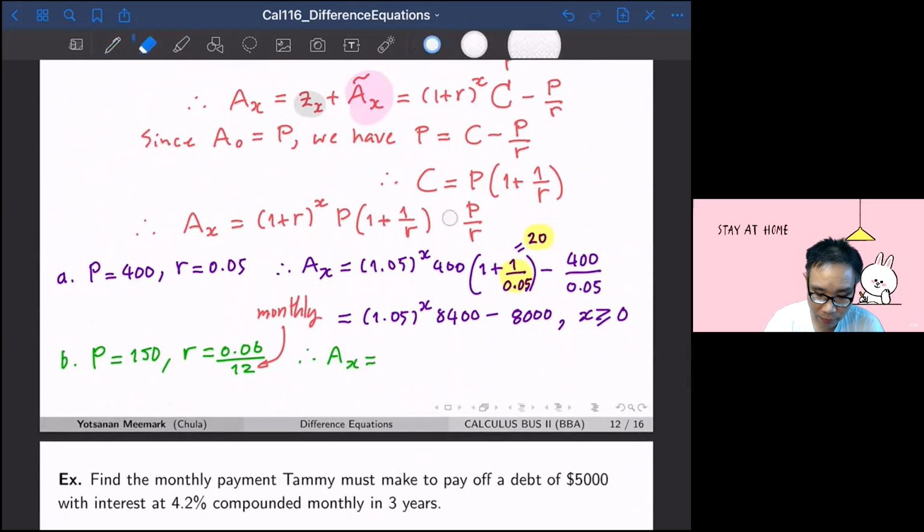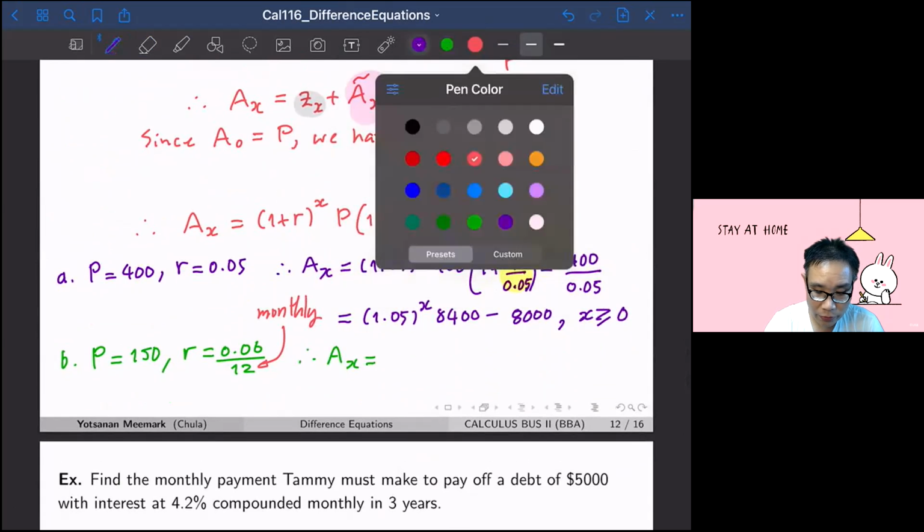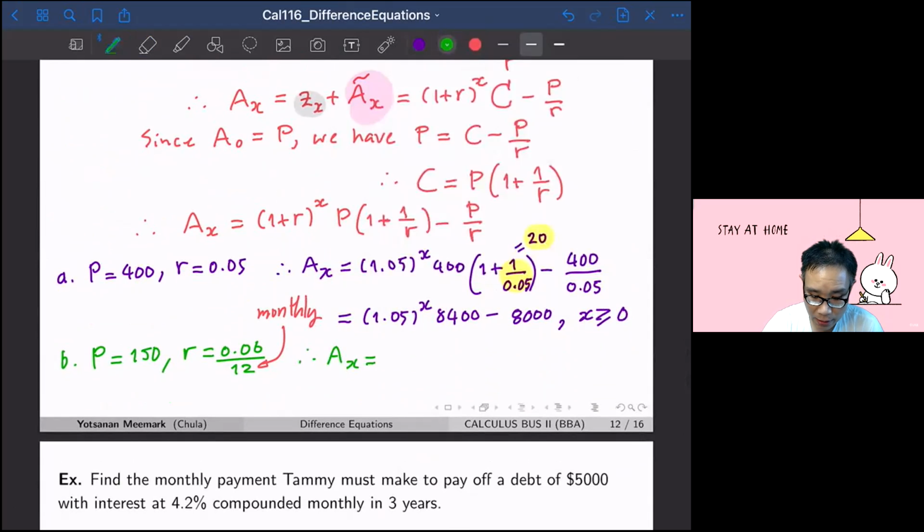So for your A(x) in the second case, you plug into the formula. Okay, so I have a negative sign here. So you plug into the formula, so it would give you 1 plus 0.06 over 12 to the x, okay?